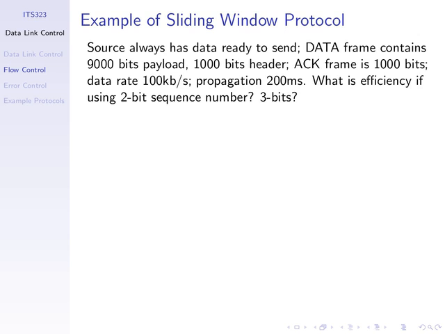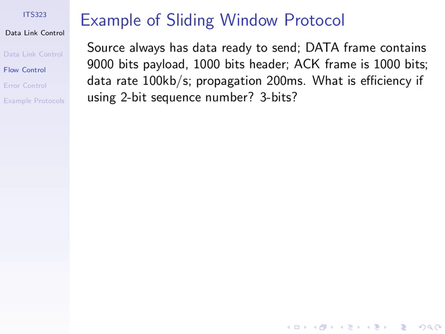In the first example, our maximum window size, let's call it W max, is with a 2-bit sequence number. We can have sequence numbers 0, 1, 2, and 3. The maximum window size we would set at 3.